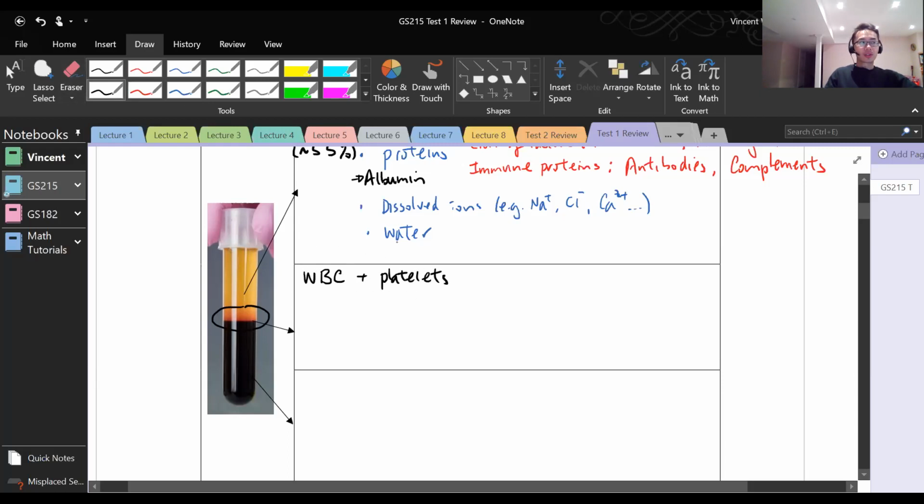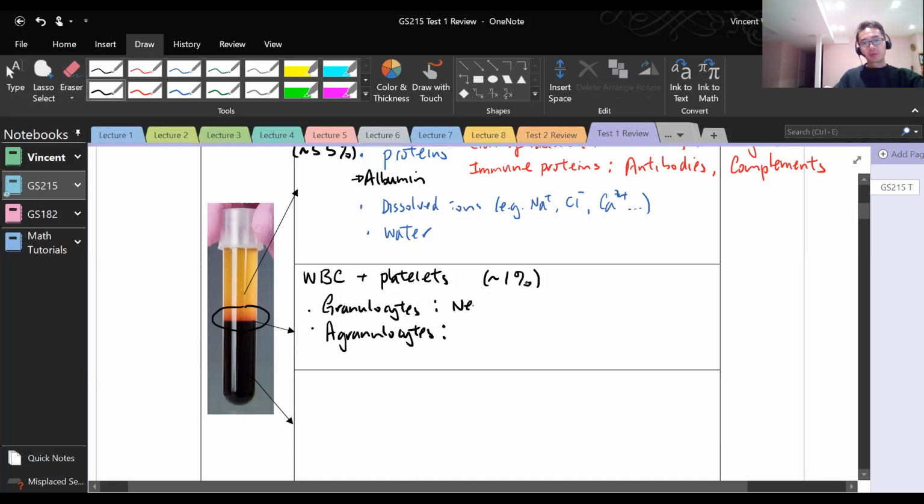Okay, so these are just like approximately 1% of your total blood volume. And of course, there are different types of white cells, right? We have our granulocytes, right? We have our agranulocytes. Okay. We are going to review those later on, but we can list them quickly here.